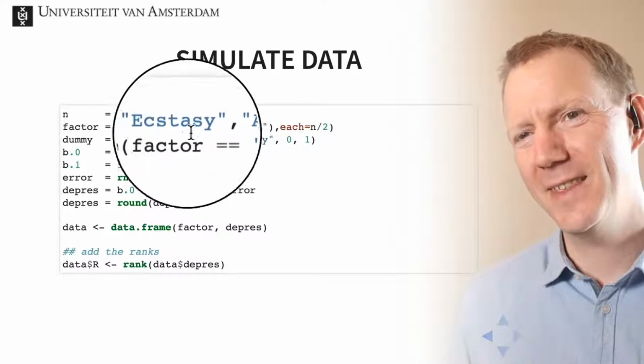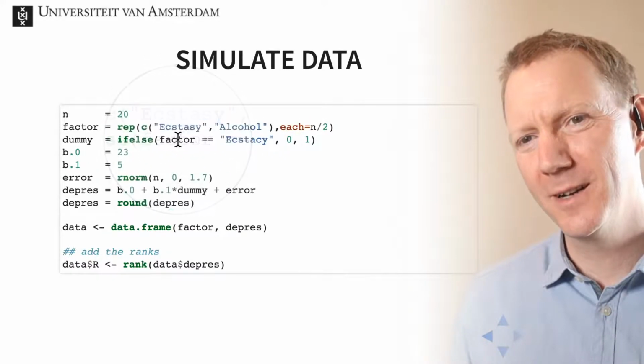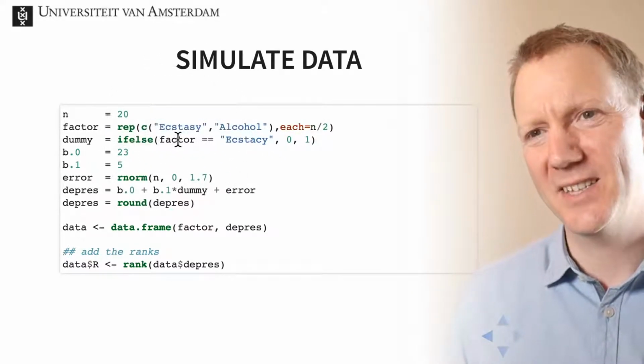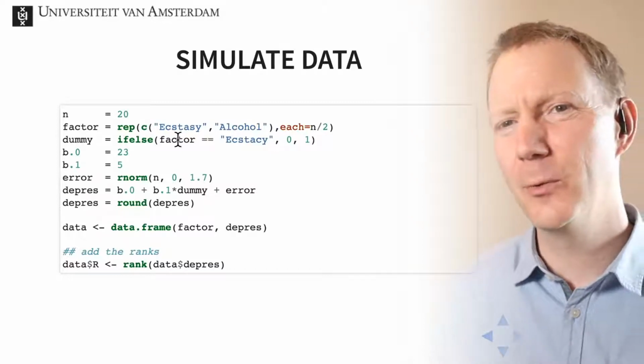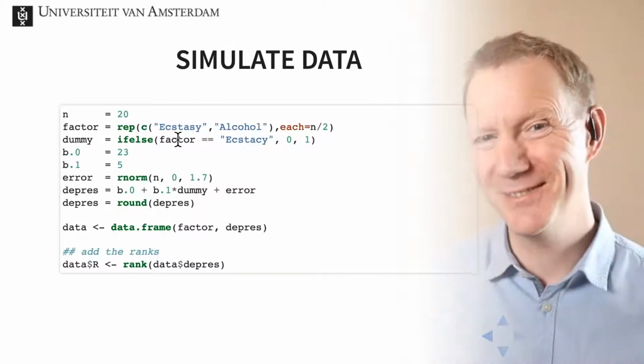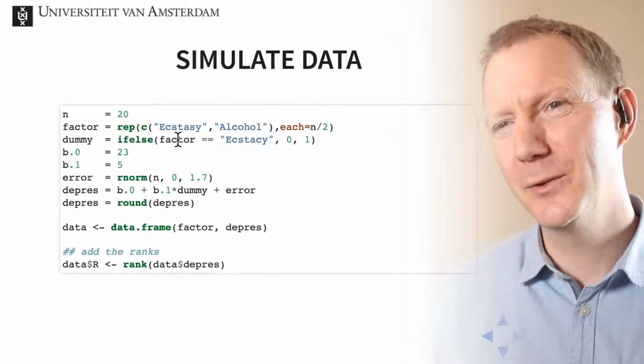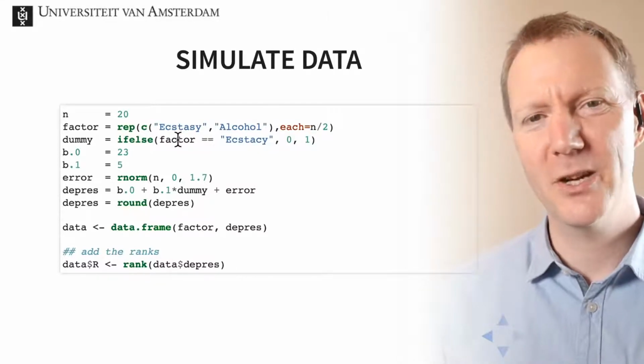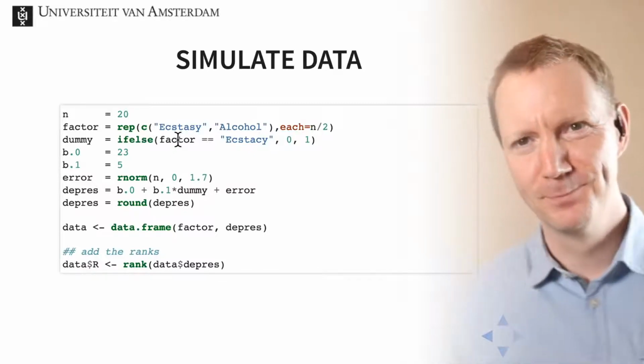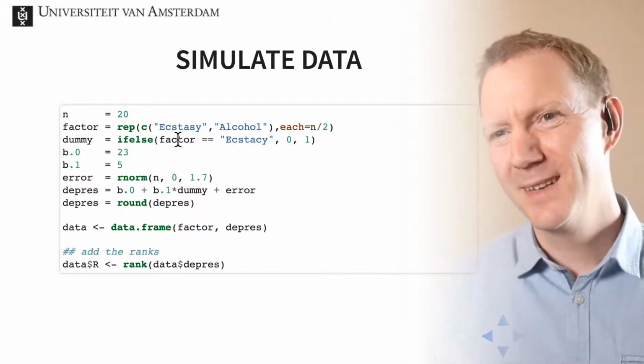Yeah, that's true. And then what is our dependent variable? Depression. Exactly. So in this example, that's the simulation. Very good. We have two groups: a group who gets ecstasy and a group who gets alcohol, and we're measuring their amount of depression.